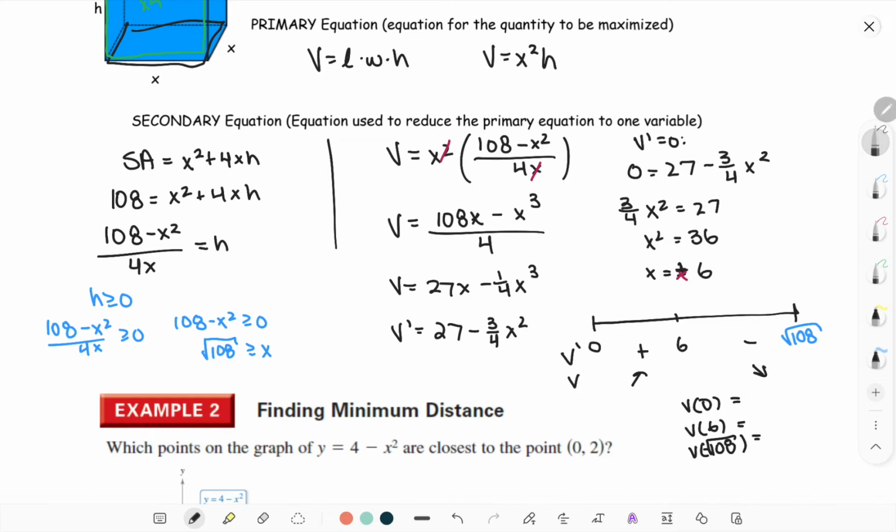Volume at 0 is 0, right? I'm just plugging that into my volume equation. Volume at 6 is going to give me 108, right? So I'm doing 108 times 6 minus 6 cubed, divided by 4. Volume at root 108 also gives me 0, but again, that's not always going to be the case.